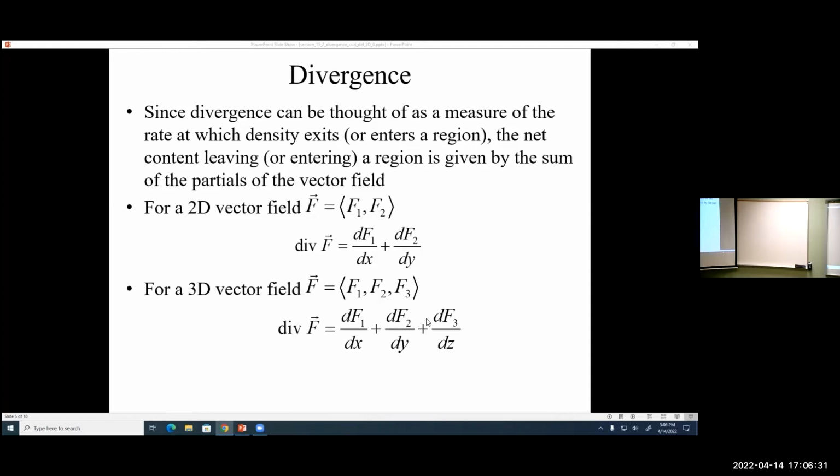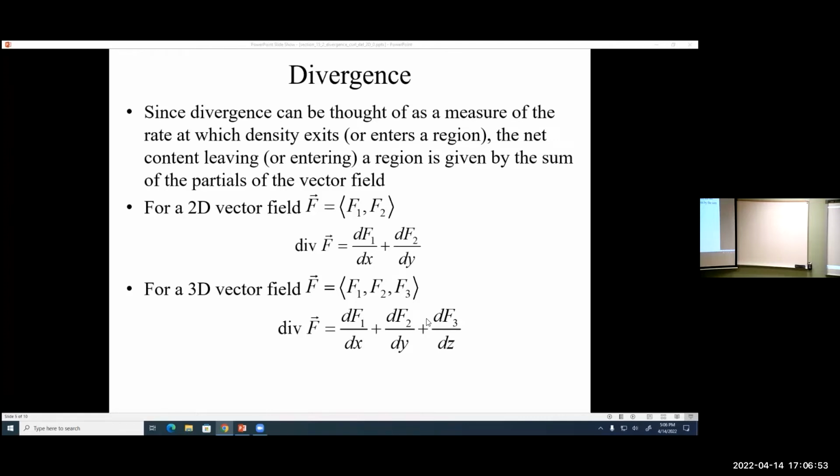For the 3D field, we add on a third component. I'm pointing this out because you'll see when we look at curl, they actually flipped. Calculating divergence is like the gradient almost. It's about as easy as anything we're going to do, because we're very good at partials now.